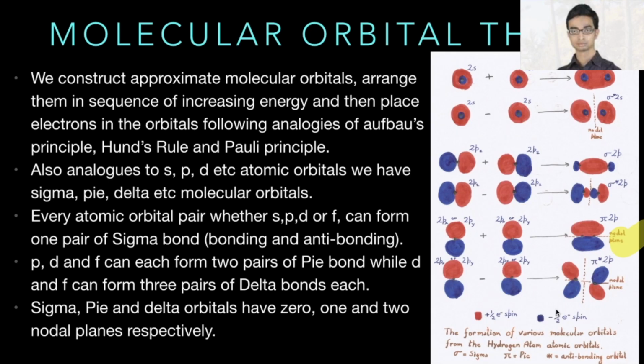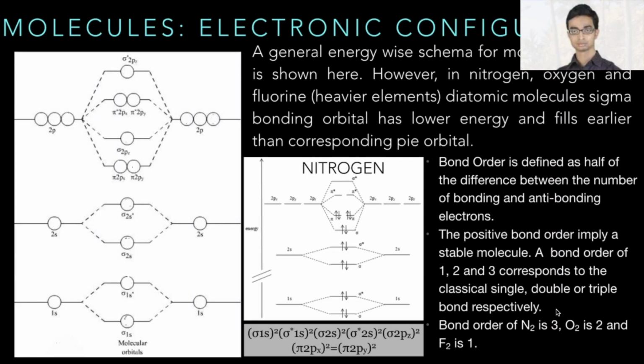A general energy-wise schema for molecular orbitals is shown here. Note that the sigma and pi bonding orbitals at the p level are comparable in energy, and their exact sequence is sensitive to the number of electrons present there. For example, in nitrogen, oxygen, and fluorine diatomic molecules, the sigma bonding orbital has lower energy and fills earlier than the corresponding pi orbital.